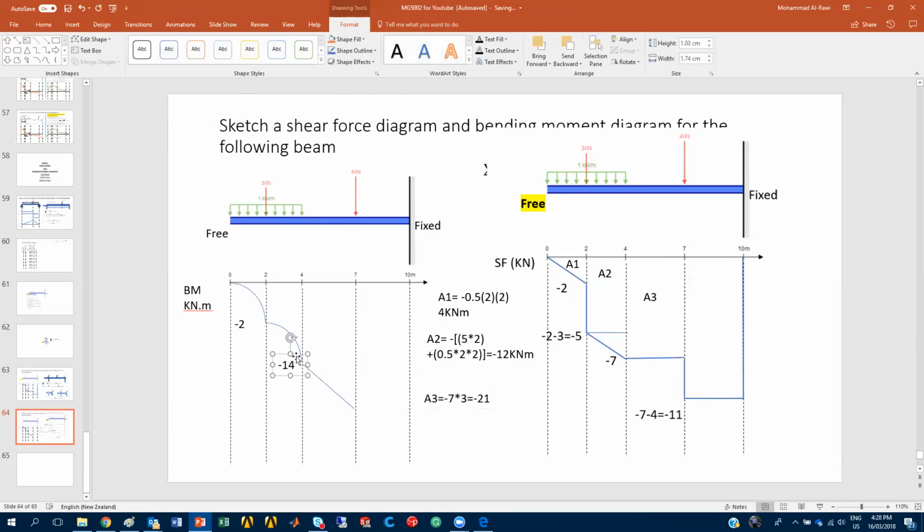So minus 14 minus 21 will be equal to minus 35. So that's the point we're trying to get here. I'll just connect this line here.